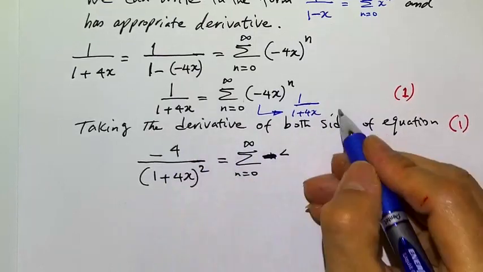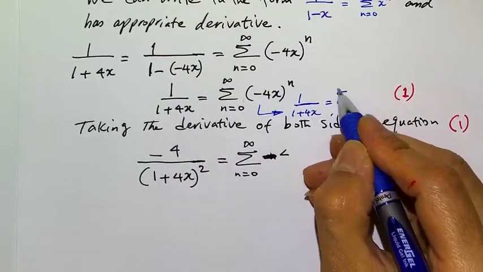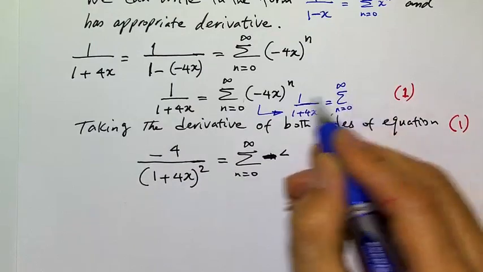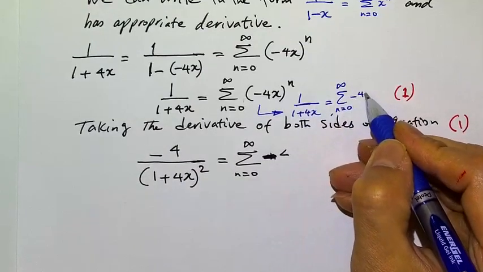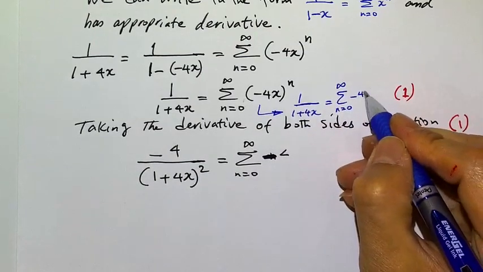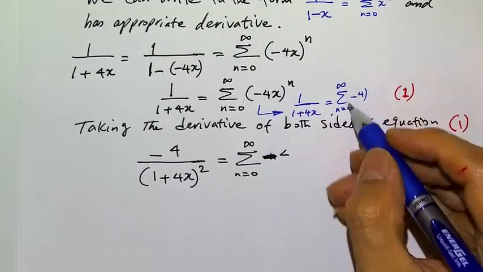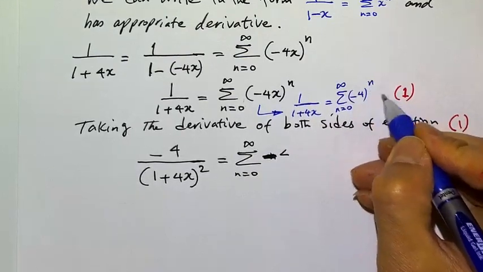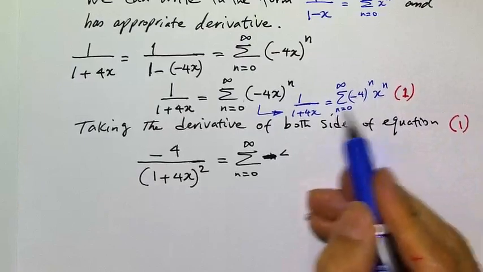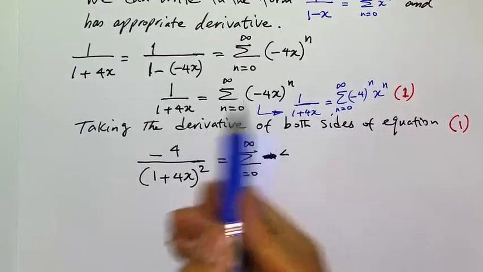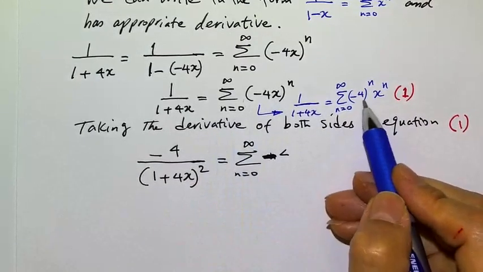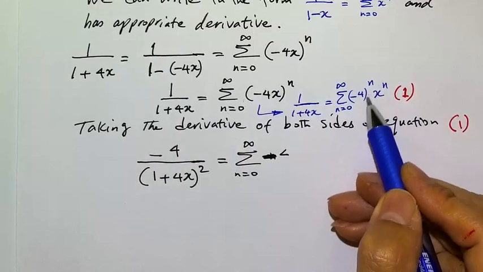And on the left and on the right, we have minus 4 to the n power and x to the n power. Let's work off of this rather than that, because minus 4 to the n is just a constant.